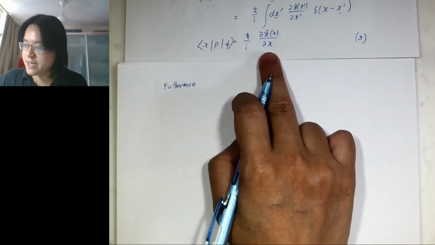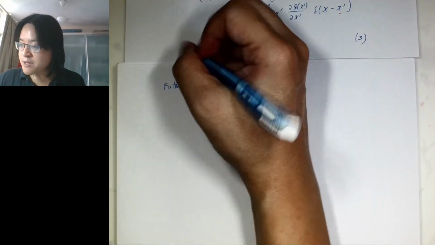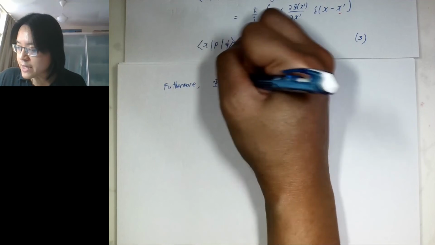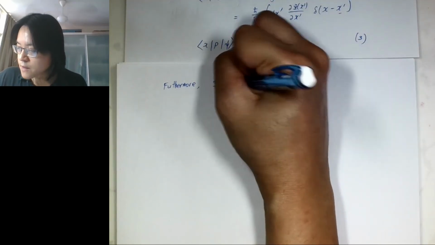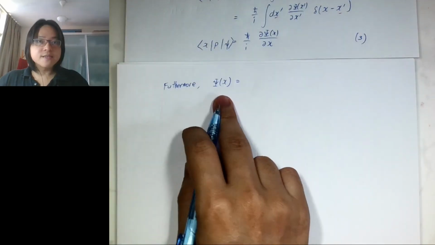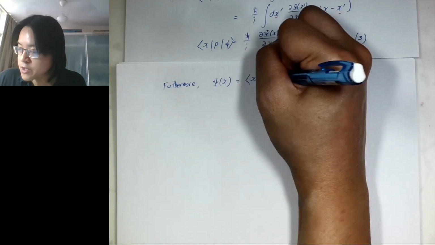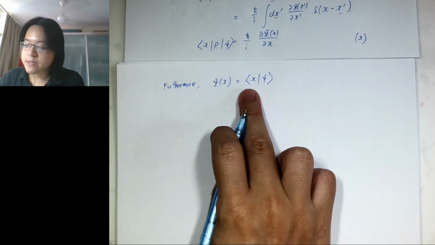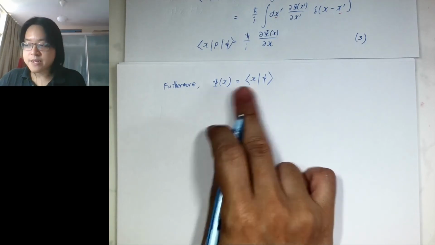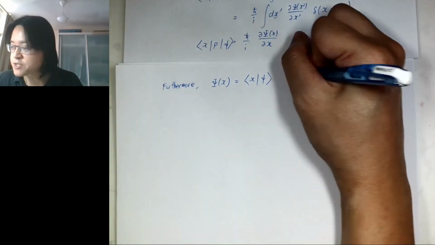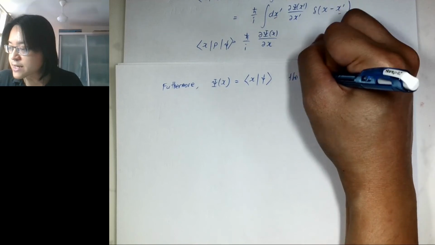But here I will show you something. Furthermore, remember the psi of x. What is psi of x? Psi of x is what you get when you close your original state, before acting P, with your bra x. This is the definition of the wave function. This is how you get the wave function in the first place.